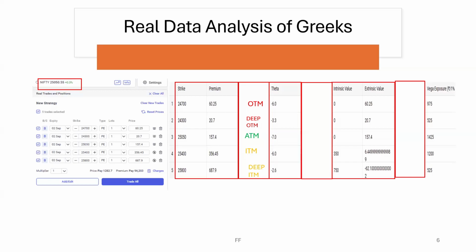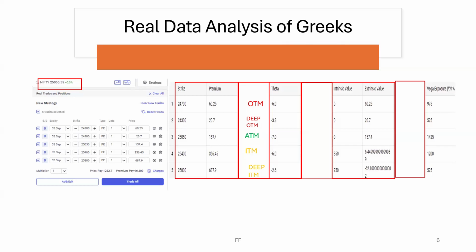We are also looking at the extrinsic value in the right-hand side column, if you notice, which is 60.25, 20.7, and 150. 60.25 and 20.7 are exactly the premium value, because there is no meat in it. There is no inherent value. But if you look at it at the money, again, the premium is 157.4, extrinsic value is also 157.4. That is because there is still no meat, and this entire thing is a time value.